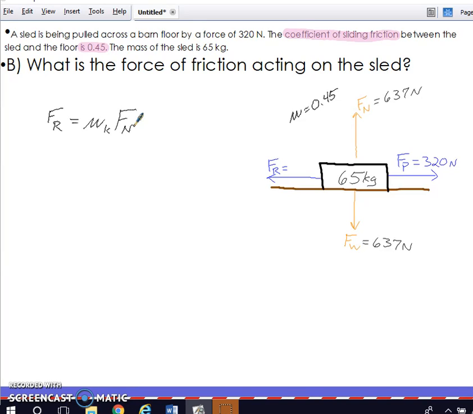You're going to solve for everything all the time anyway, just warning you there. So all we have to do now is plug in our values again. We have the mu, which is 0.45, times the normal force, which is 637, and we get a value of what?